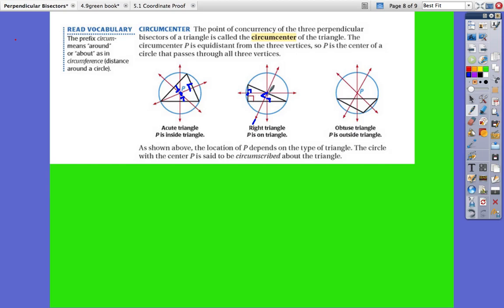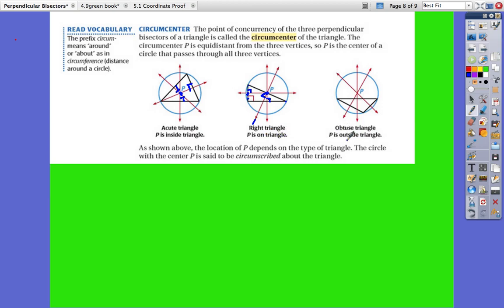Notice the three lines intersected right here. It didn't intersect inside the triangle. In this case, the circumcenter is on the hypotenuse of the triangle. But it's still an equal distance from each vertex. The circumcenter in this case is on the triangle.